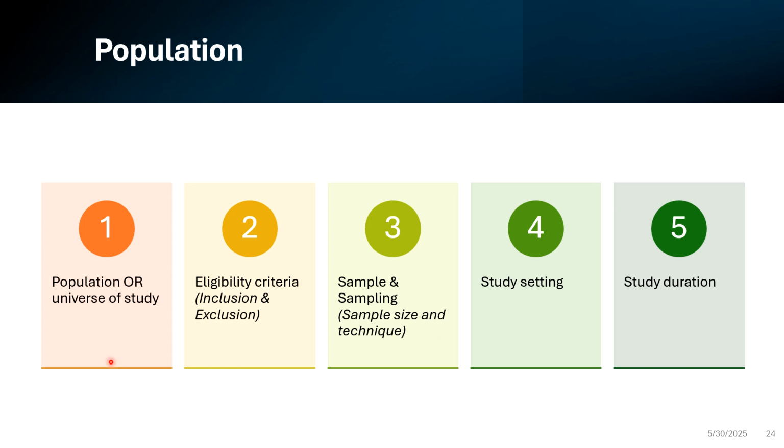But here you need to know what population is: anything upon which we are going to work. For example, I am going to measure hemoglobin level, and I intend to measure it in reproductive age females. So reproductive age females are my population or universe of study. The eligibility criteria is the inclusion and exclusion criteria on which basis I will include these females in my study.